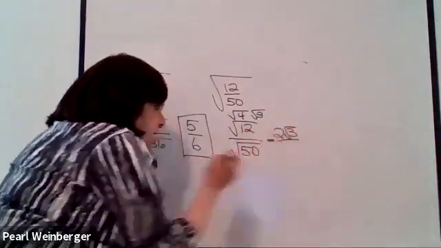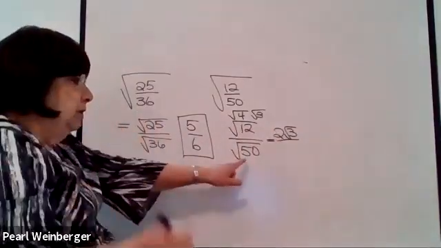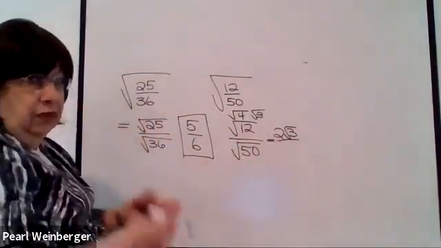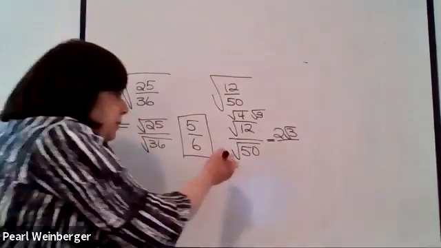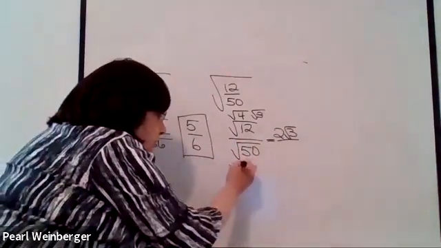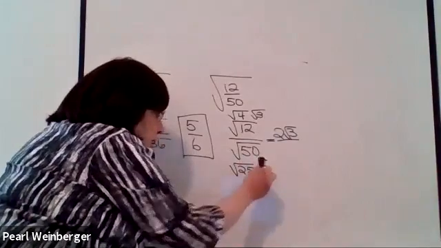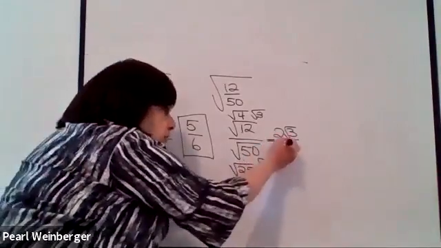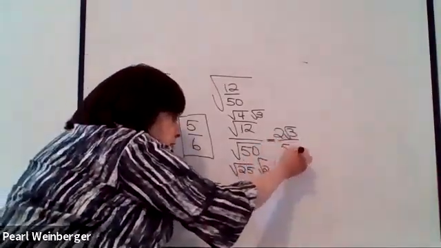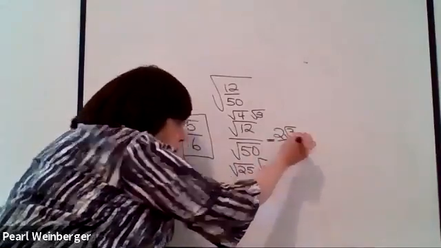Okay, let's see what happens on the bottom. I want to simplify the square root of 50. Again, it's not a perfect square, but I can break it up into 25 times 2. And the square root of 25 is 5, and the square root of 2 is what's left over.